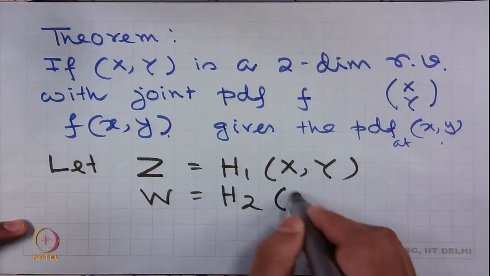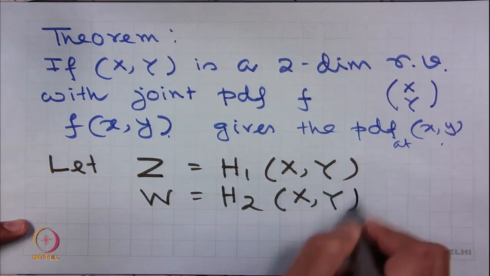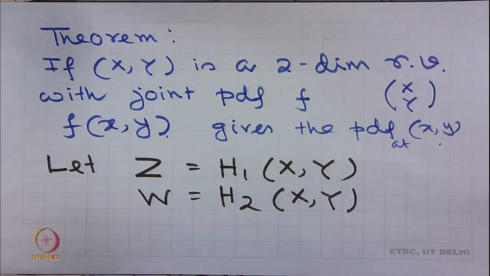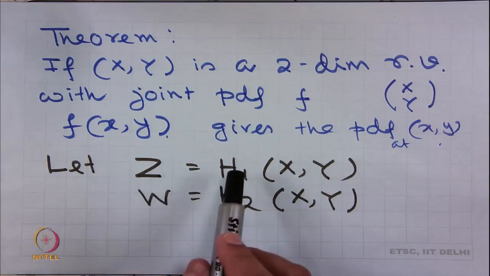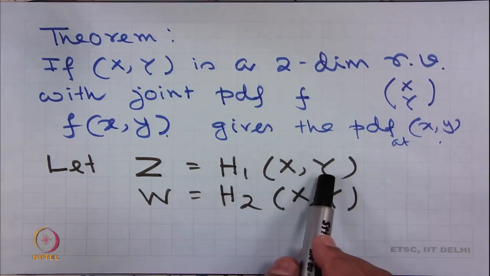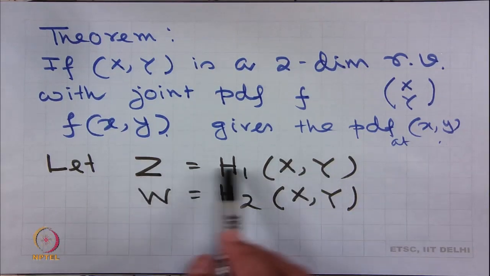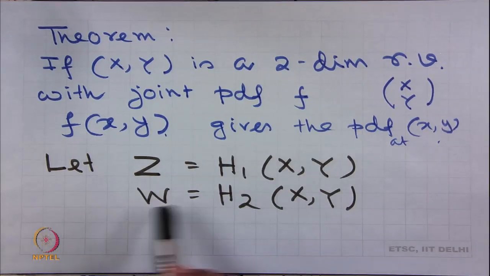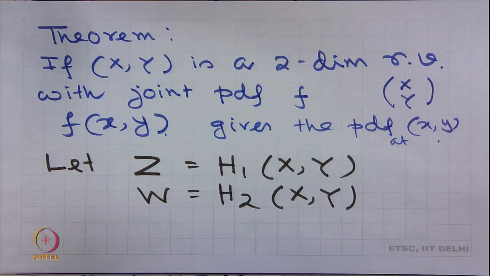Now, consider two functions h1 and h2 such that z is equal to h1 of x y. So, z is a function of x and y, w is a function of x y.